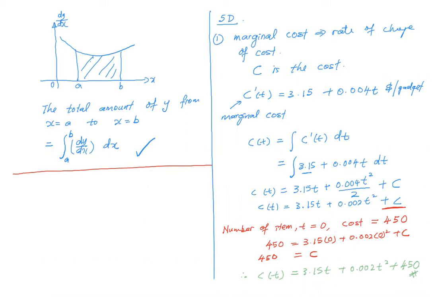So on that note, I've completed chapter 5, Application. The important thing about chapter 5 is this one and the meaning of total amount, and how to find the area bounded by a curve. Right? How to do an estimation.